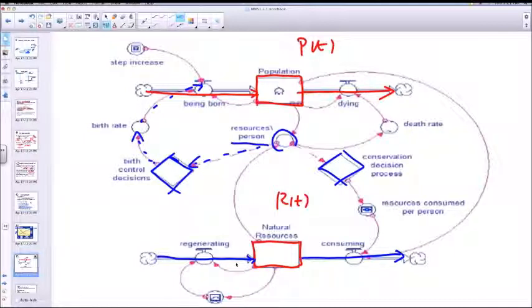Dying, the death rate goes to how many people died, but how many people die is also in fact the consumption rate, and also the per capita resource will determine the price. Maybe the price will determine the natural resource consumption. And then you may invest in the regenerating. So those are the factors.